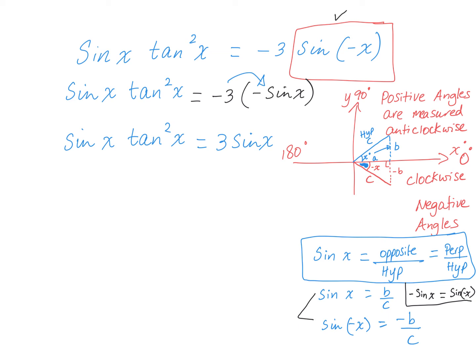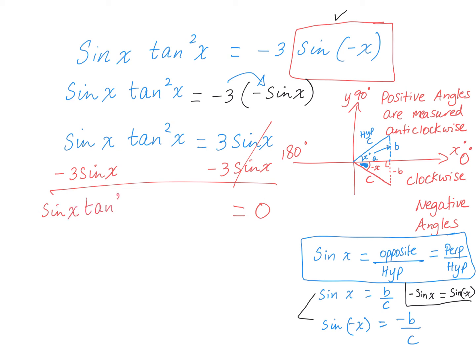Whenever you have a situation like this, the best way to solve is to bring everything to one side and convert the other side to 0. The easier way would be to subtract 3 sine x from both sides. So this will cancel to 0. We have sine x tan squared x minus 3 sine x.